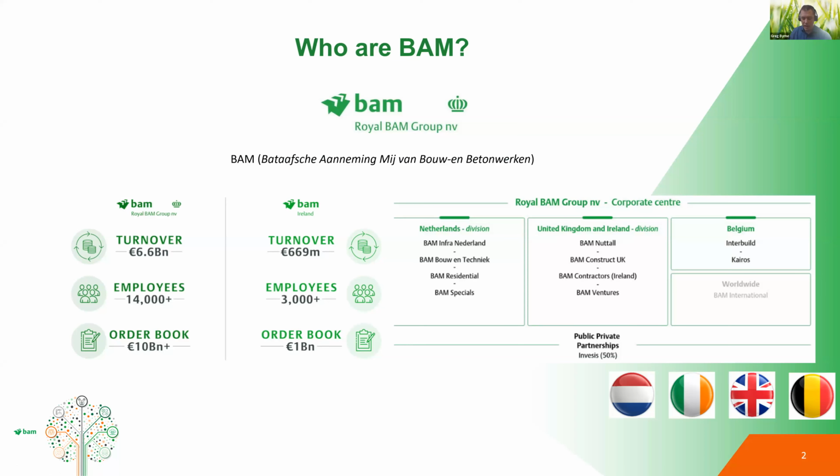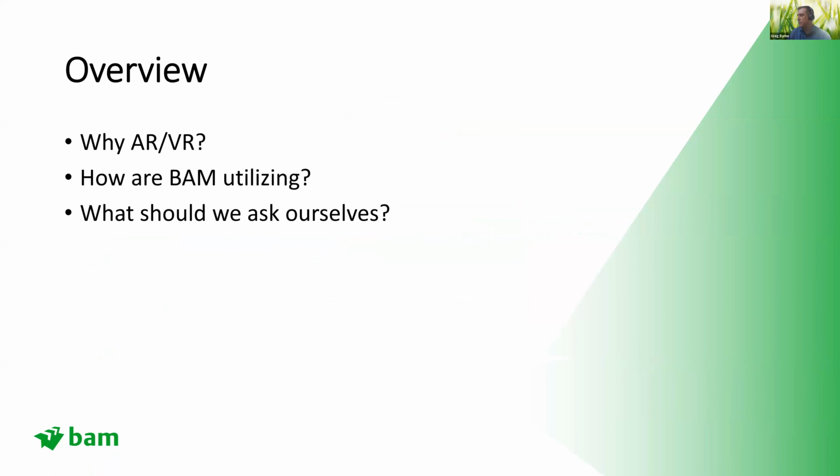So we've covered a lot of different types of projects, which gives us opportunities to use these kinds of technologies. What I'm going to talk about today is why look at AR or VR, what the benefits are, how BAM are utilizing them, and then what we should ask ourselves when we're thinking about using these technologies.